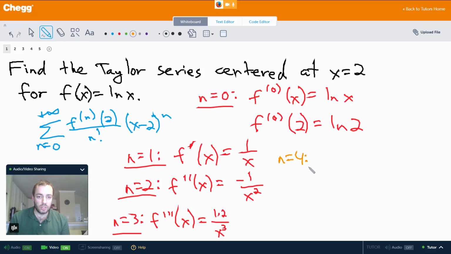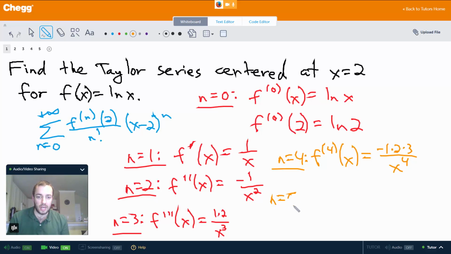When n equals 4, we get the fourth derivative of f of x. That's going to be the derivative of 1 times 2 over x cubed, which is going to be negative 1 times 2 times 3 over x to the 4th. And then one more here, and we'll start to see a pattern emerge.